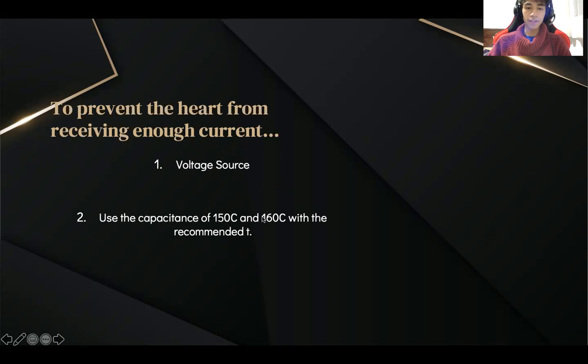I have a mistake right here with the recommended value. But if we use a capacitance with a higher range, we will have a more violent discharge, and that's not what we are looking for.